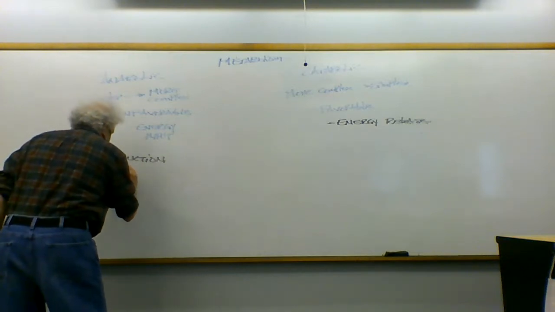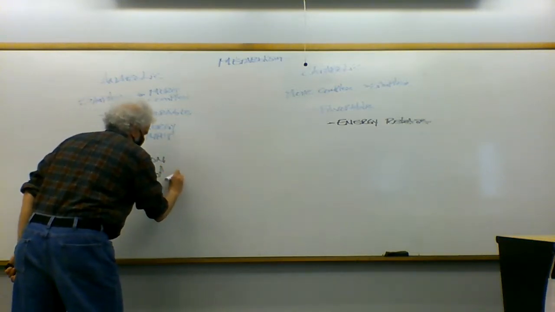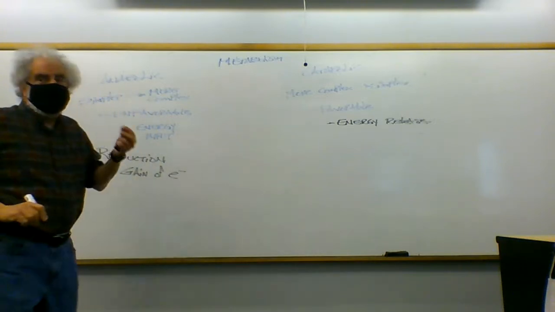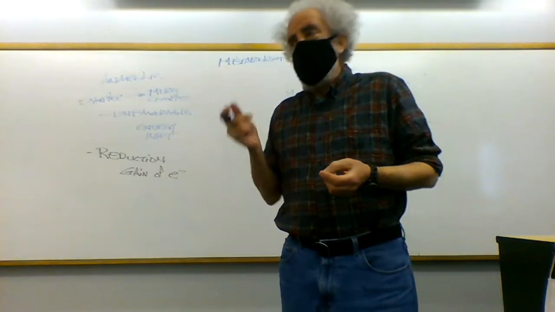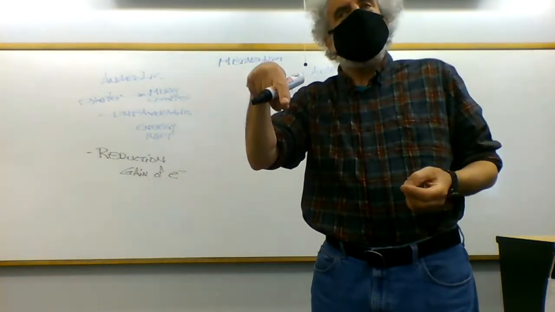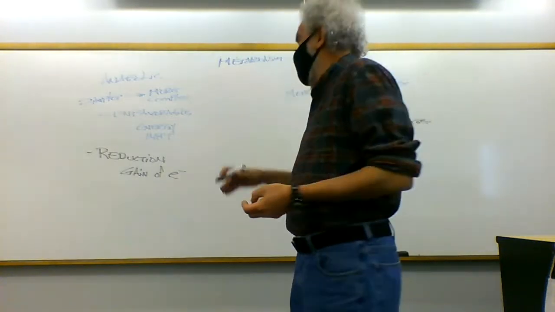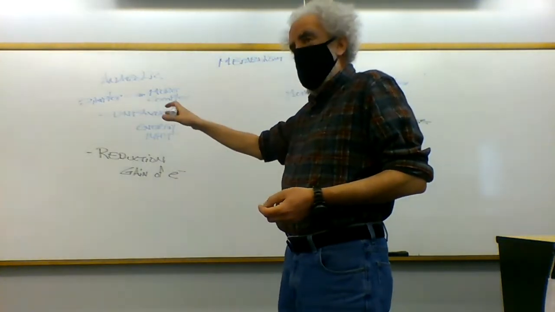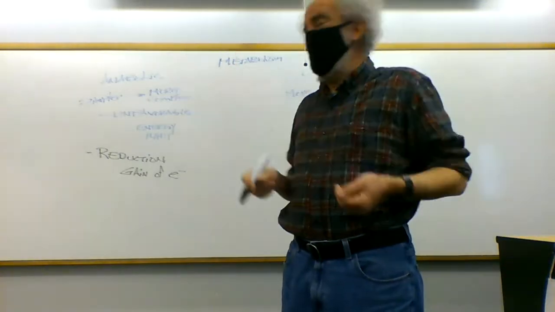Reduction is a gain of electrons. And so one of the things to keep in mind is that occasionally, in order to carry out a reaction, we're going to need an electron. We're going to need to have an electron being put in.